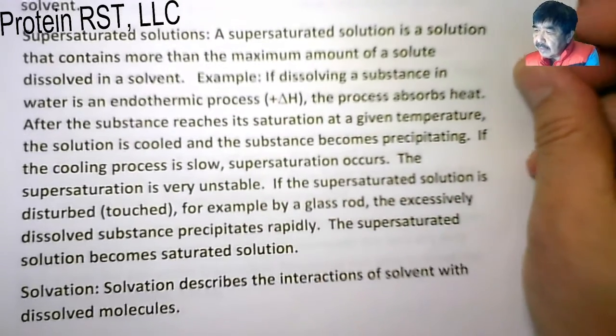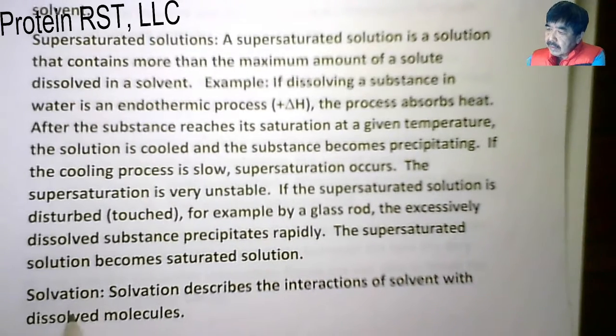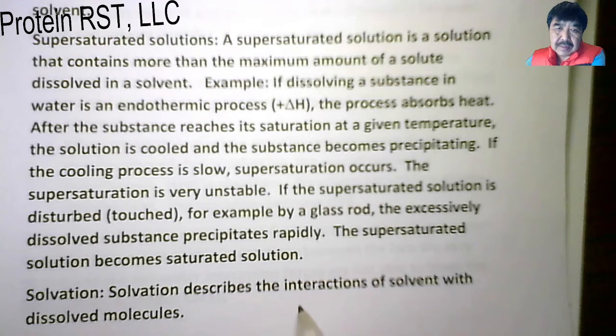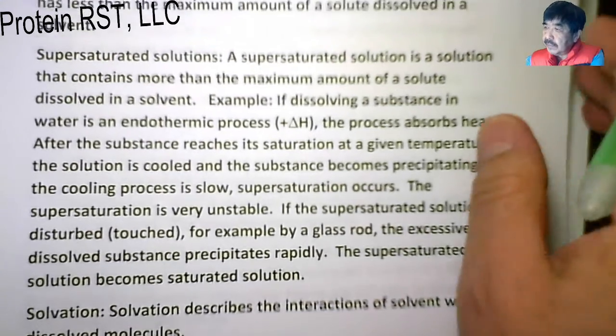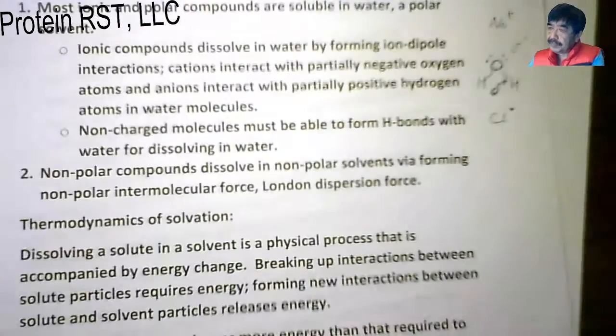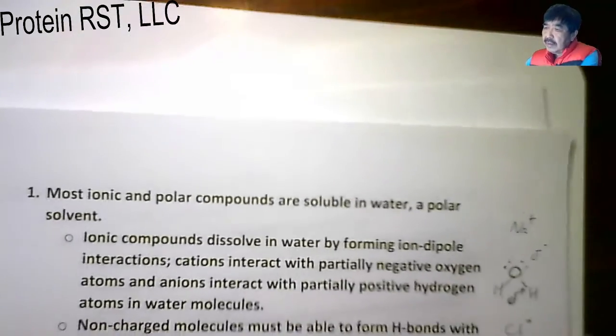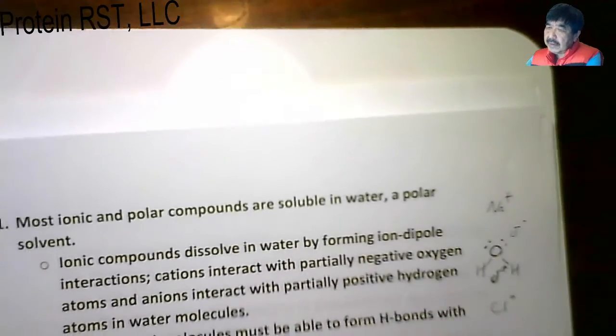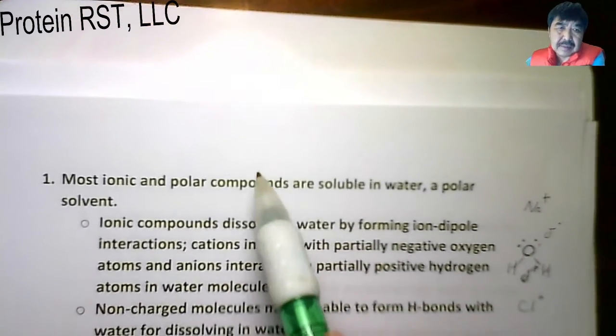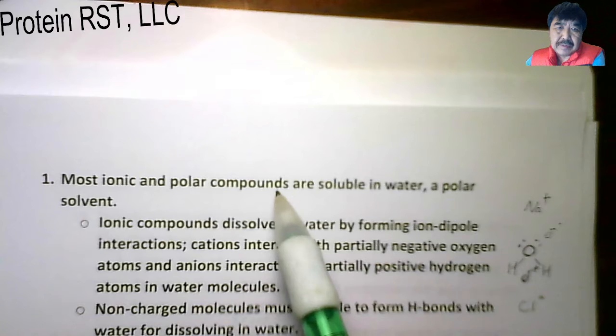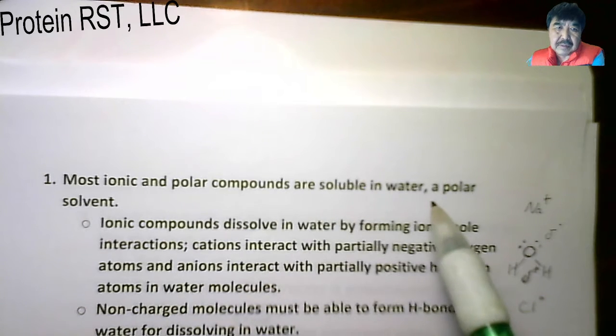Next, let's take a look at solvation. Solvation describes interactions of a solvent with the dissolved molecules. First, let's take a look at ionic and polar compounds that are soluble in water.